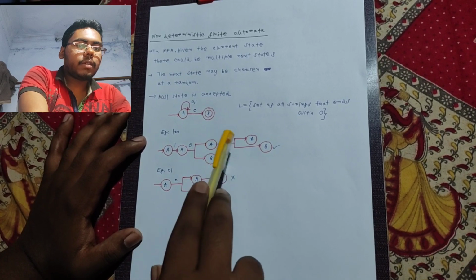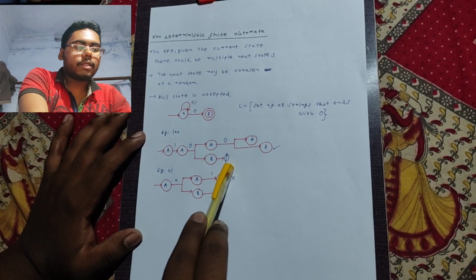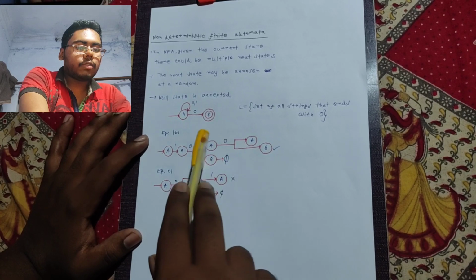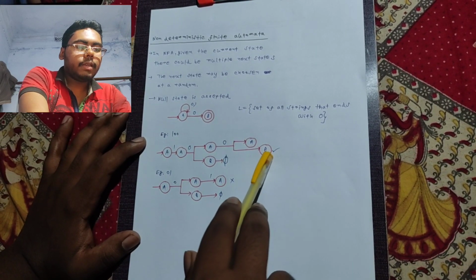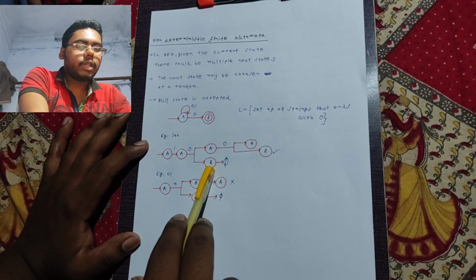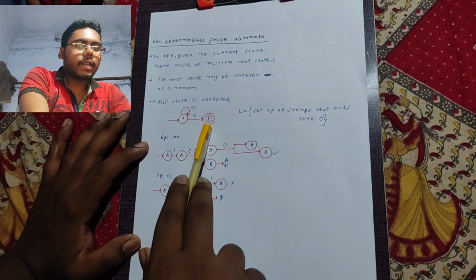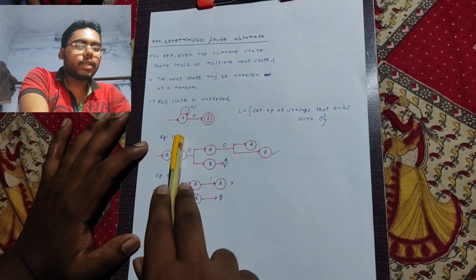In non-deterministic finite automata, the null state is accepted. Here B is arriving, so B is our final state and this string is accepted because we get our final state.